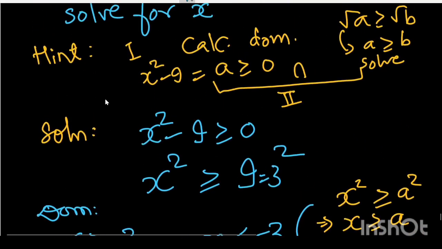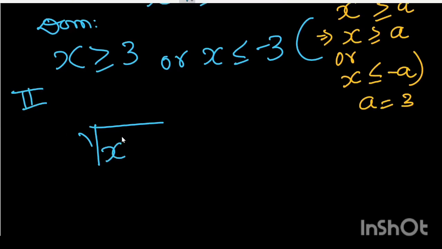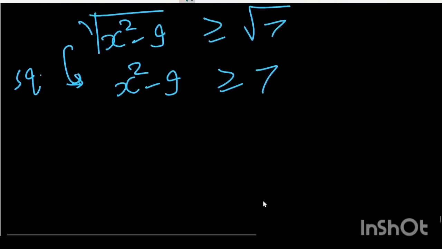Now we will square this. The second part, root of x square minus 9 greater than equal to root 7. Now we will square both sides. After squaring, the under root would be removed, it will be free from the root sign. Here also root 7's root would be removed, and what we would be left with would be 7.